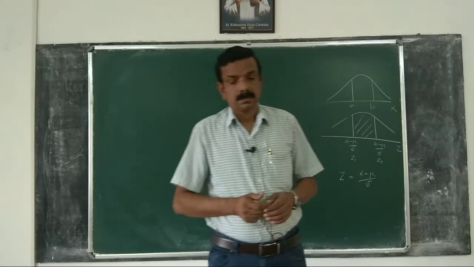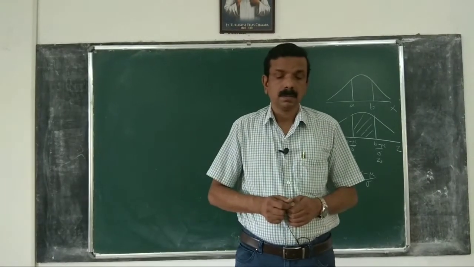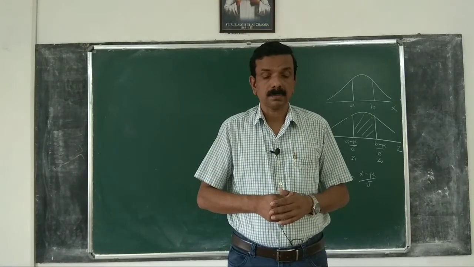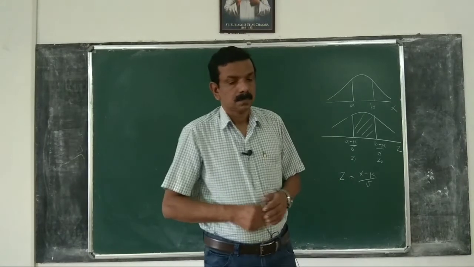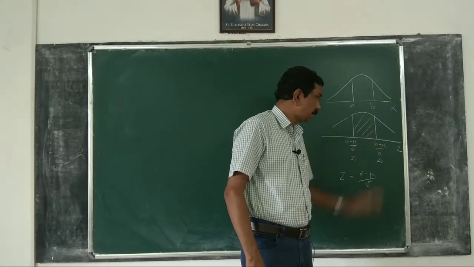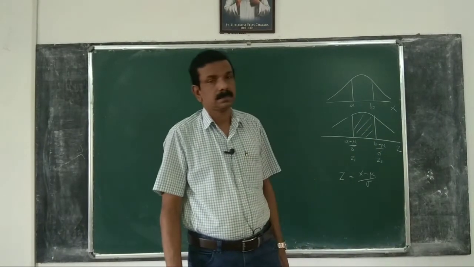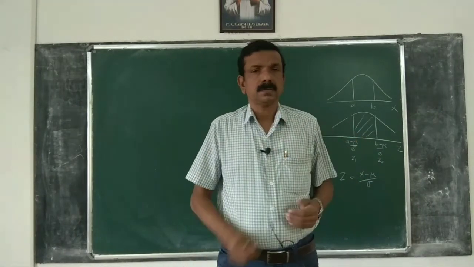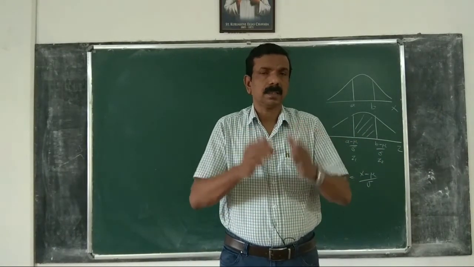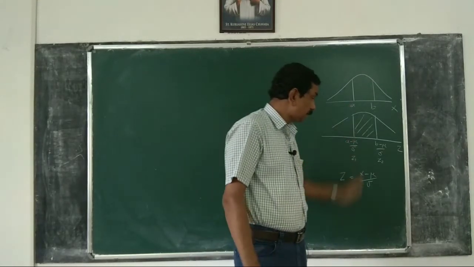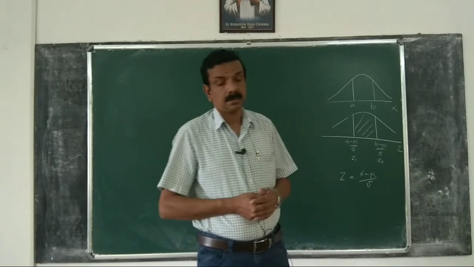Now we have to see how to determine the area under the standard normal curve. And before explaining how to find out the area under the standard normal curve, we first consider the basic properties of the standard normal curve.